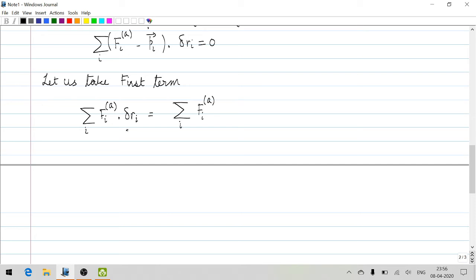Now delta Ri, I replace by its generalized coordinate transformation equation. So this is summation over j, dou Ri upon dou Qj delta Qj. Since i and j are independent of each other, I can write this as summation over j, summation over i, Fi applied dou Ri upon dou Qj delta Qj.